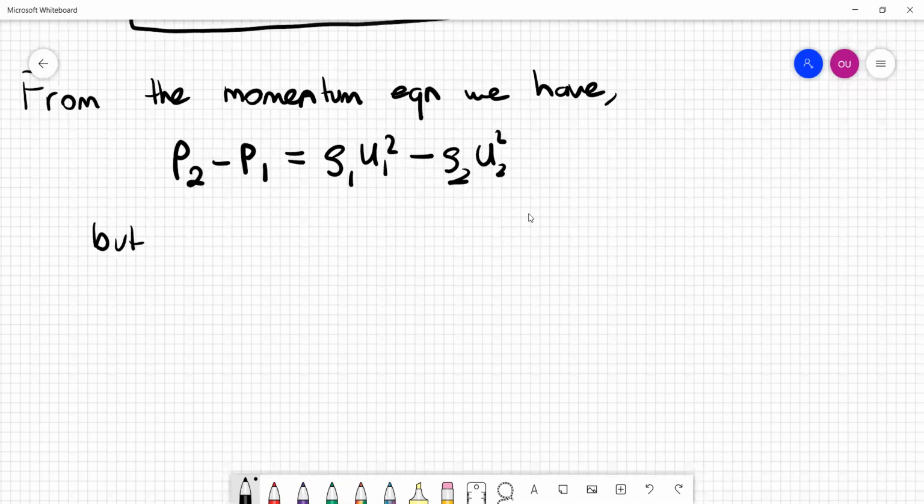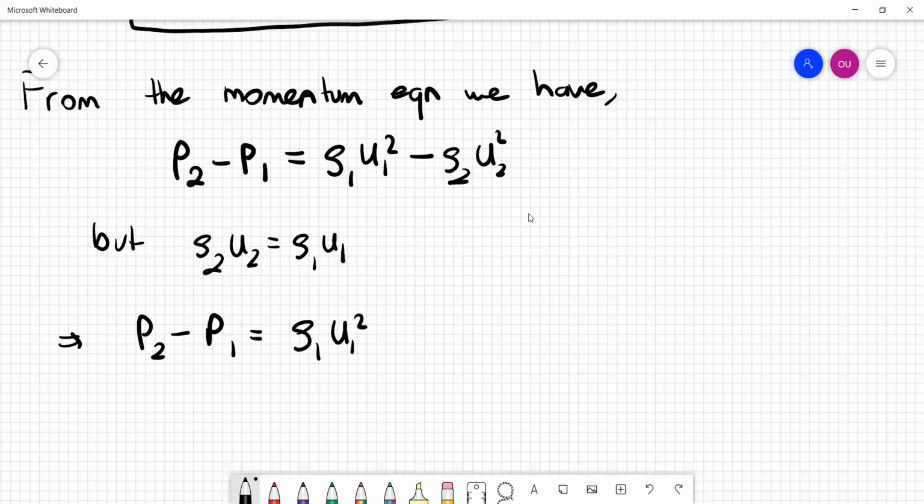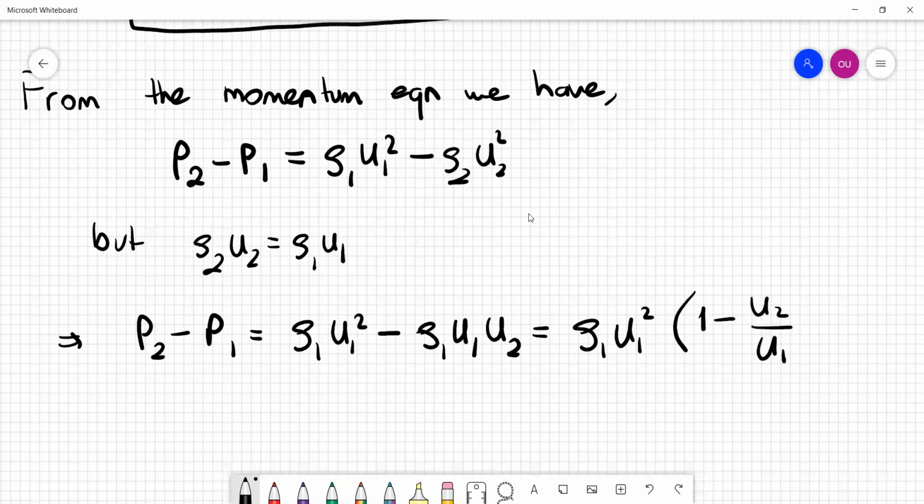But we know that from continuity, rho 2 u2 is equal to rho 1 u1. So the momentum equation looks like this: P2 minus P1 is equal to rho 1 u1 square minus, instead of rho 2 u2, I will write rho 1 u1 again, times u2. So this becomes rho 1 u1 square times (1 minus u2 over u1).